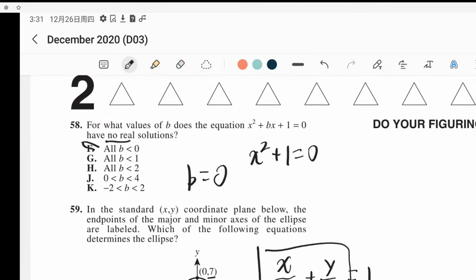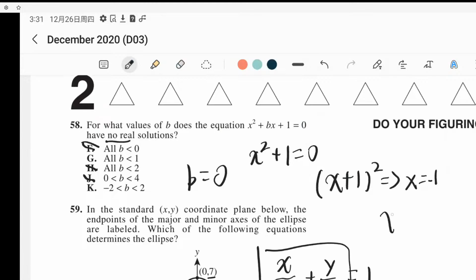For all b greater than 2 is not 0 because this gives us the equation (x plus 1) squared, which has answer of x equals negative 1. Between 0 and 4 should also not be true. So we're debating between G and K.